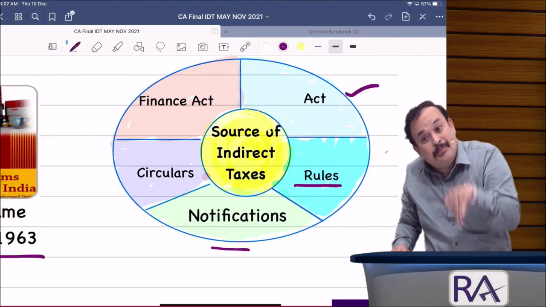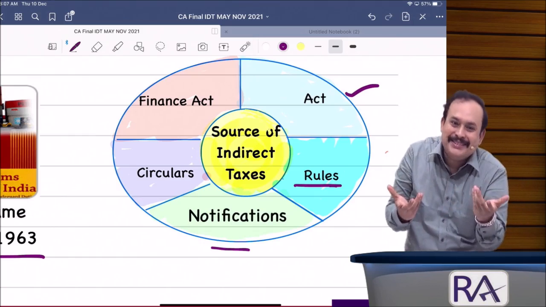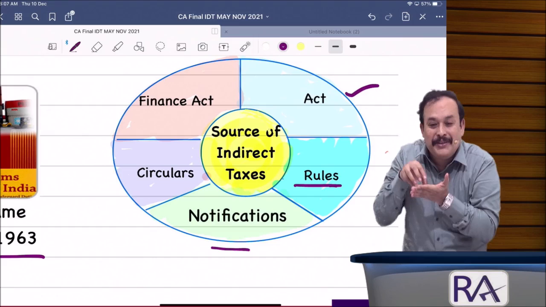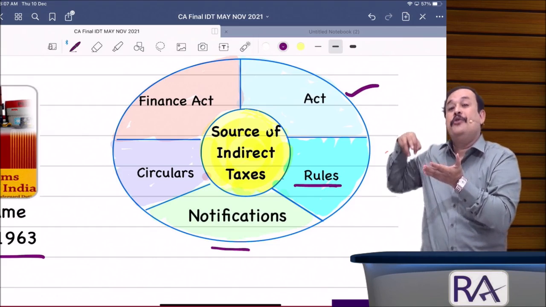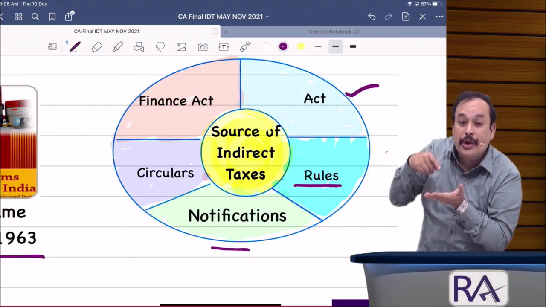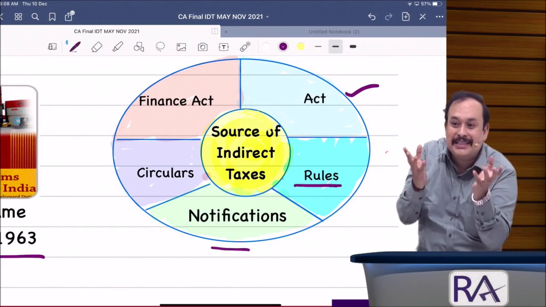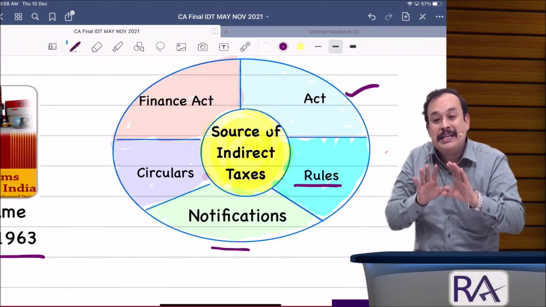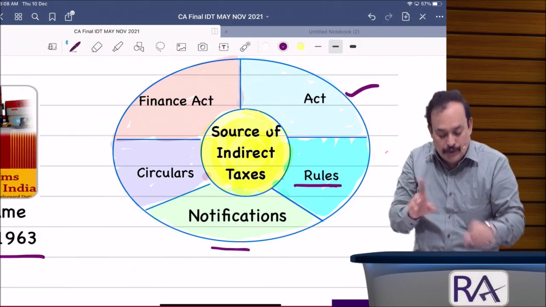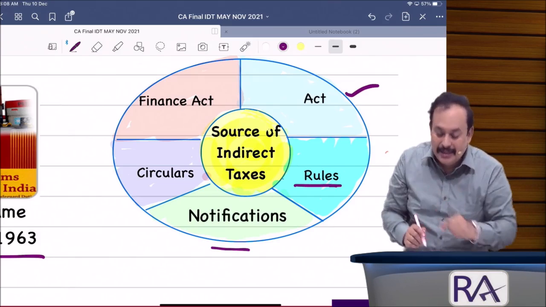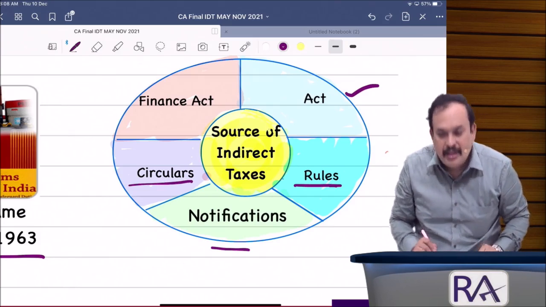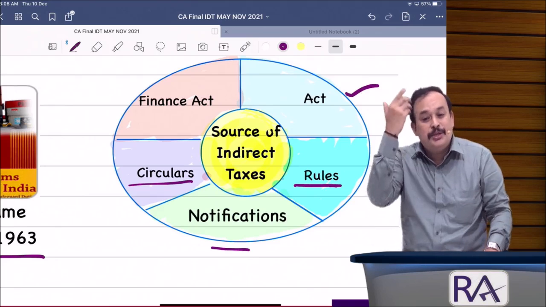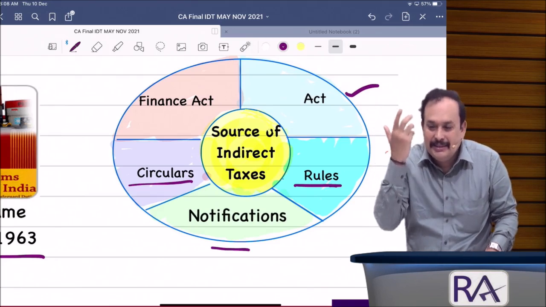For whom is it not applicable? Clarification is needed. At that time, the Central Board of Indirect Taxes and Customs will come into the picture to give clarification with regard to implementation of the provisions. So, who will issue the circulars? CBIC. CBIC issues circulars. Notification is issued by the government.